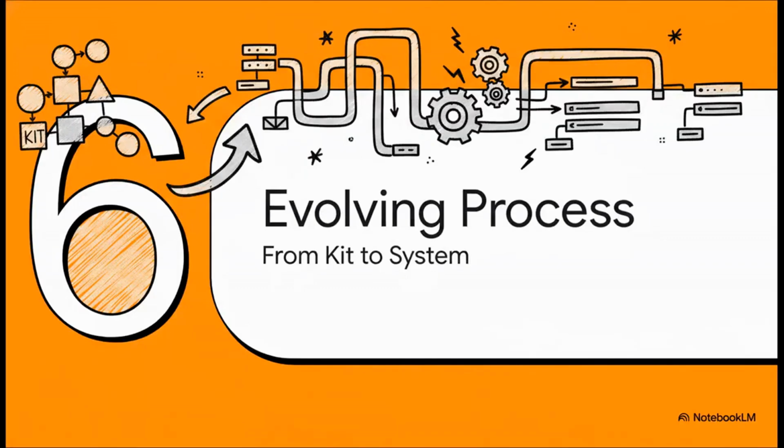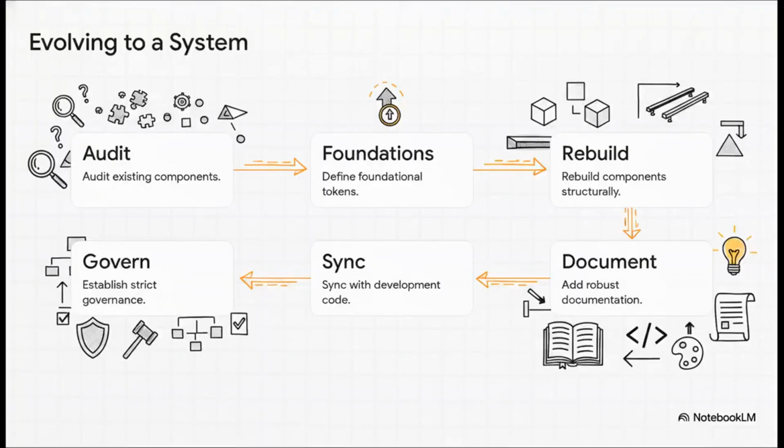Finally, Section 6, evolving your design process, bridging the gap from kit to system. So what if you started with a UI kit, but now you're realizing, we actually need a system? The good news is you can pragmatically bridge that gap. You do not have to start from scratch. Step 1, audit what you already have in your kit. Just look for the patterns.